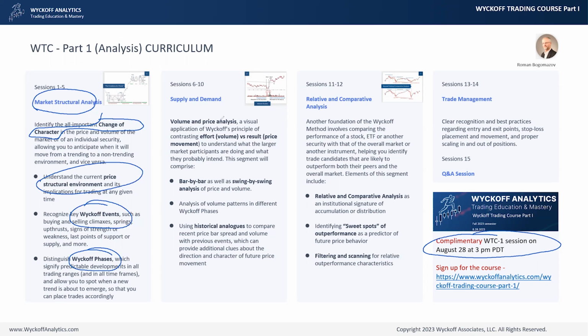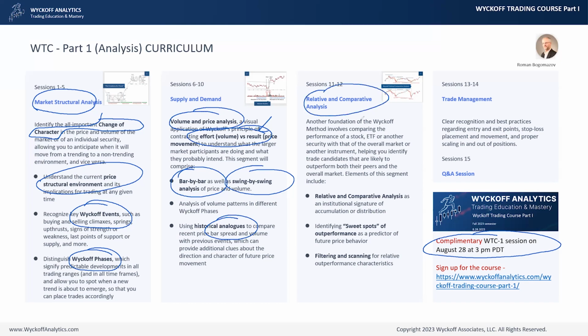And then we're going to transition into the volume and price analysis, supply and demand. The main Wyckoff law, in my opinion, that we would be studying is effort versus result, harmony or disharmony between the price and effort. That also includes discussions on the VSA, which is the volume spread analysis, bar by bar, swing by swing analysis, and some historical analogs.